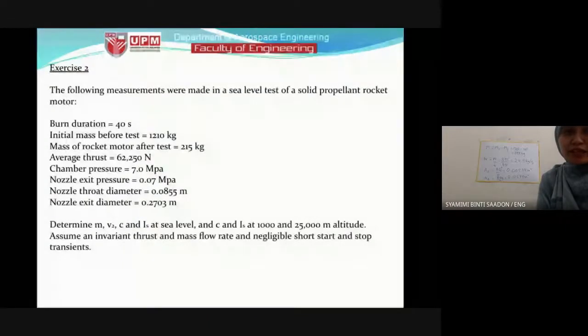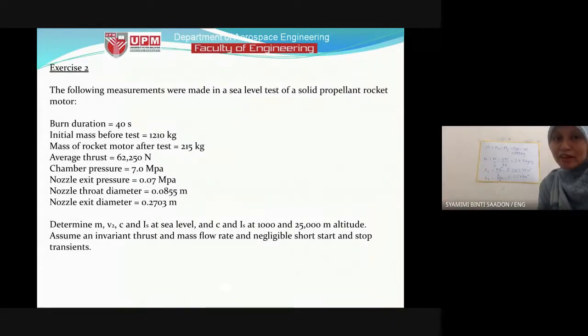Okay, next we need to calculate the average exhaust velocity. Like I mentioned just now, it is a bit different from the effective exhaust velocity. We calculate the average exhaust velocity using the thrust equation, because we have thrust, we have this area, and we have the value of the pressure.